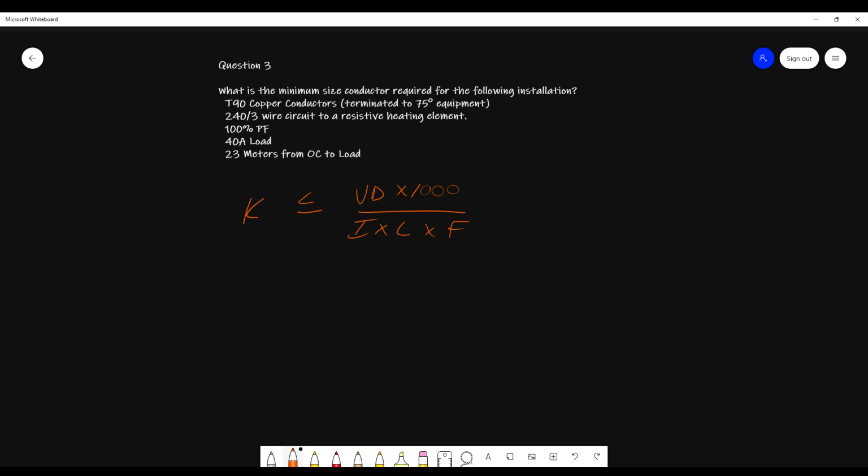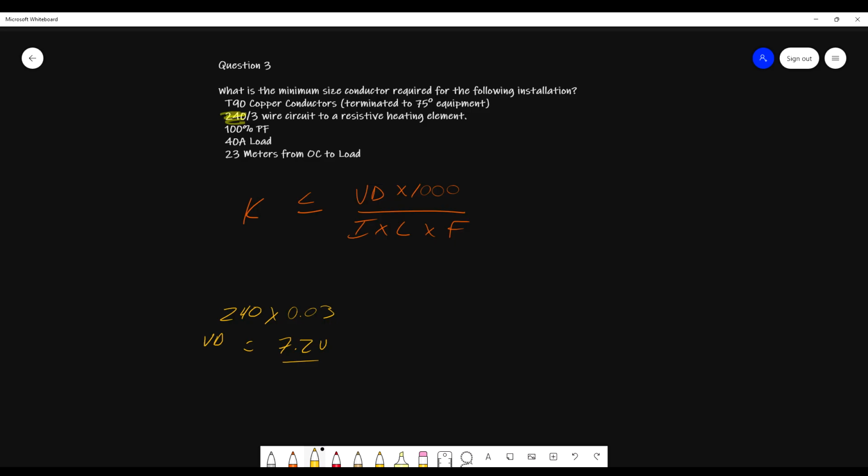So the voltage is 240 volts, and 3% of that is 240 times 0.03, which equals 7.2 volts. This will be VD, the maximum amount of voltage we're allowed to drop on this 240 volt circuit.